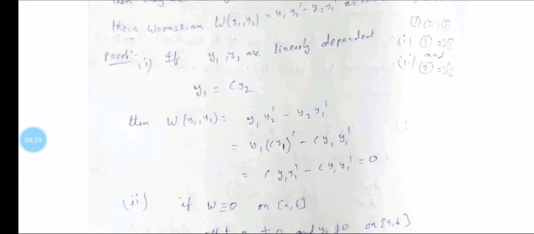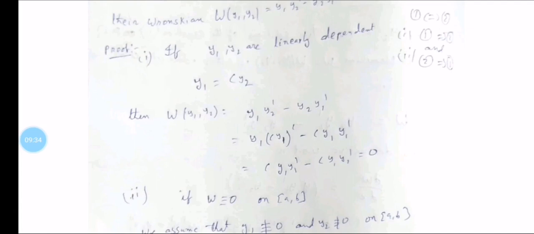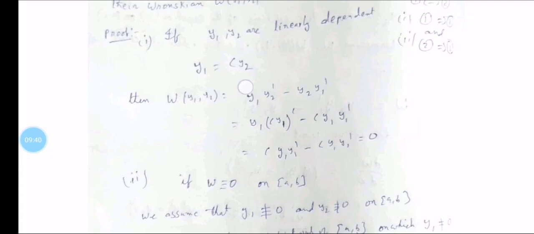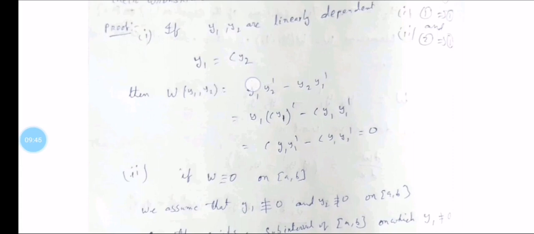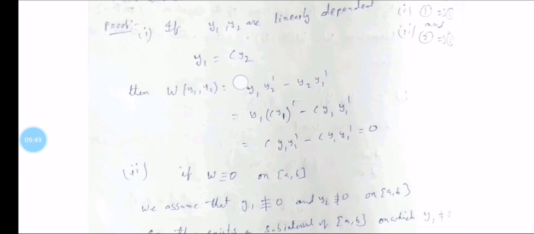First we consider y1 and y2, two solutions of the given differential equation, which are linearly dependent. Just change this condition: y2 equal to cy1, or you can assume y1 equal to cy2.